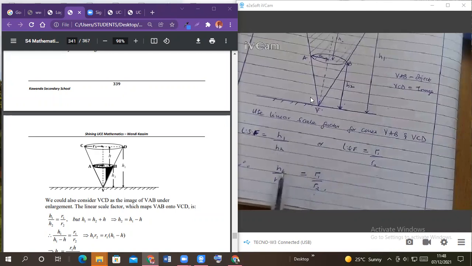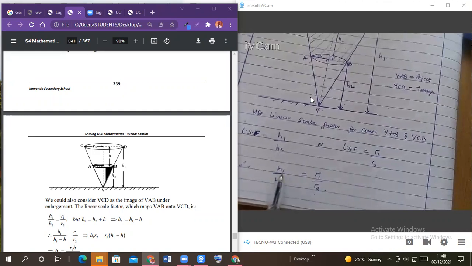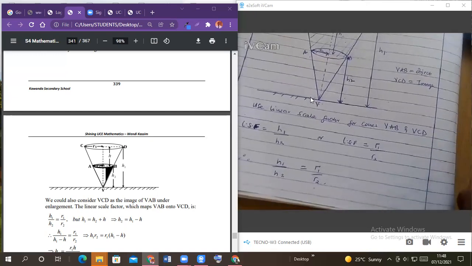You can decide to make h1 the subject, or you can make h2 the subject, and you express h2 in terms of h1, or you express h1 in terms of h2. So you should not have h1 and h2 in your final formula. Your final formula must have what is given to you.